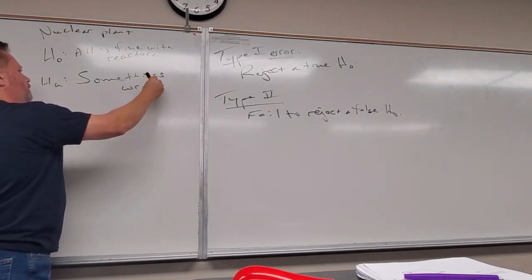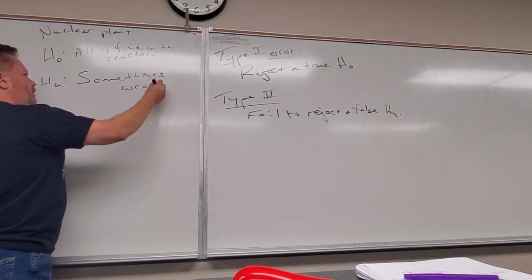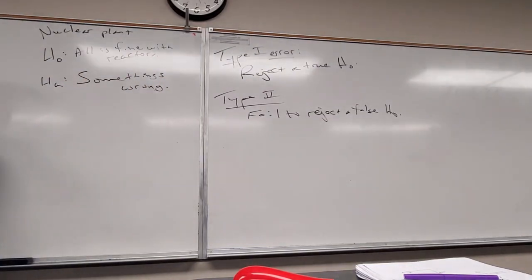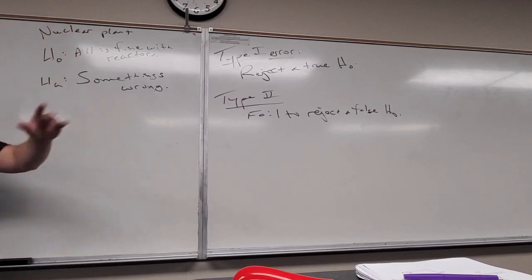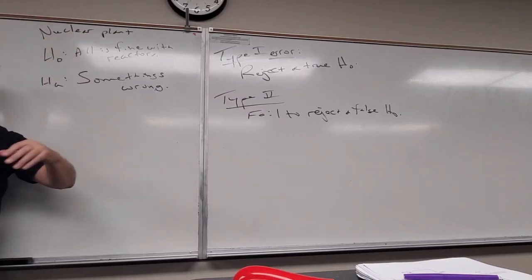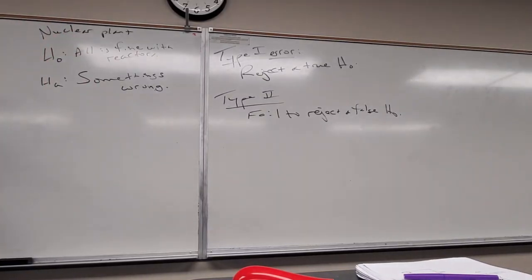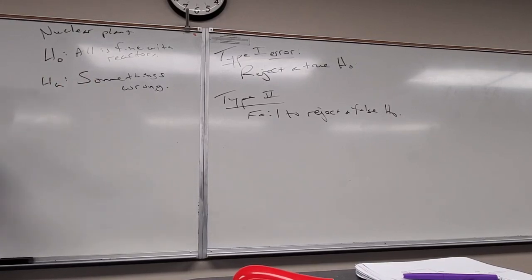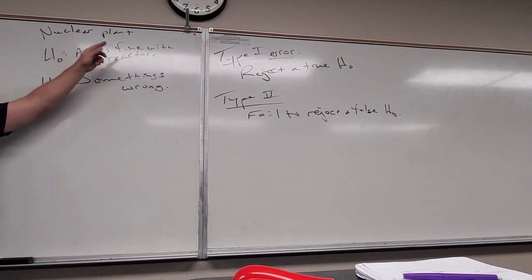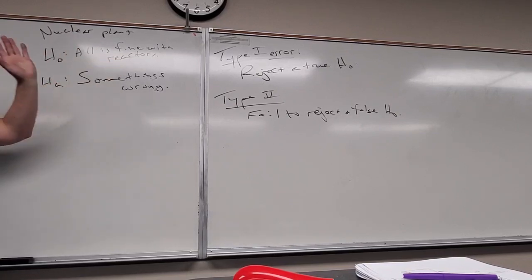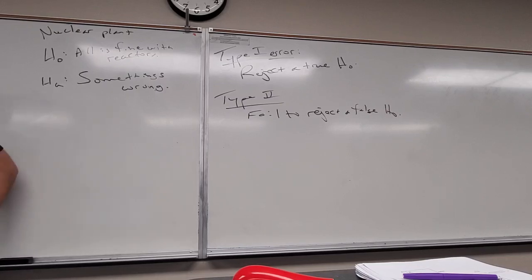If you think about it, wouldn't you have a lot of gauges, a lot of instruments keeping tabs on all the coolant temperature and the state of the thing and if there's any seismic activity? Don't you have a bunch of sensors? And what are they trying to do? They're trying to collect data to show evidence that it's not good, that there's something wrong. That's why you have all these sensors going.